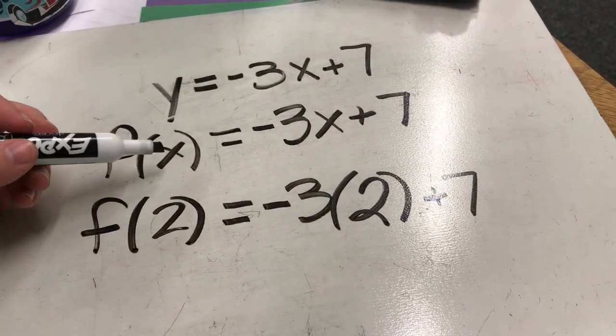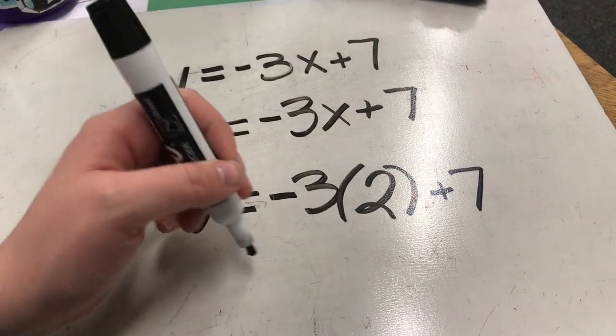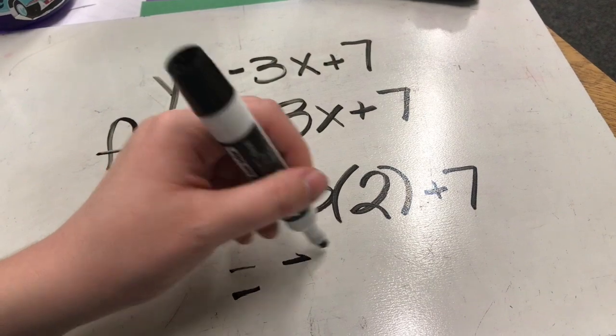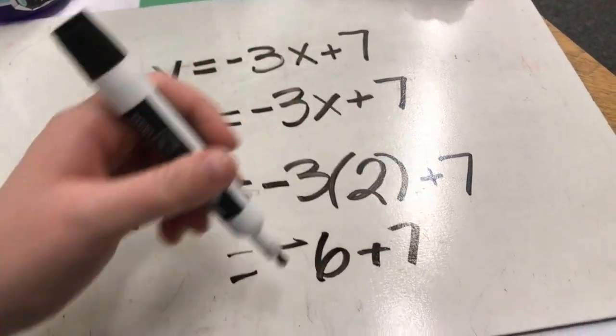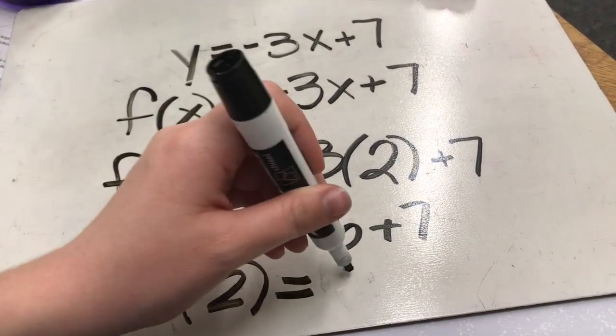So we can evaluate when x is 2 what f of x would be. And if we do the math here, negative 3 times 2 is negative 6, plus 7, we end up with f of 2 equals 1.